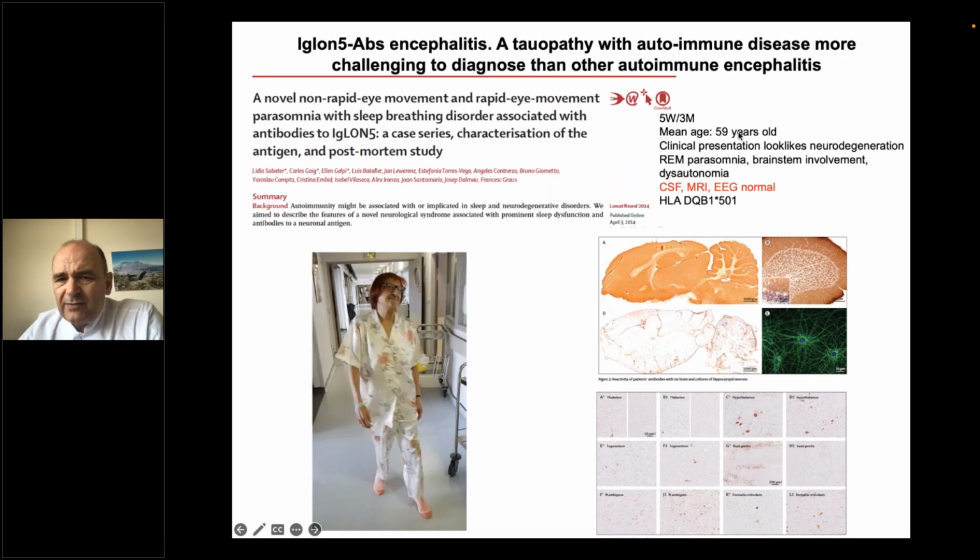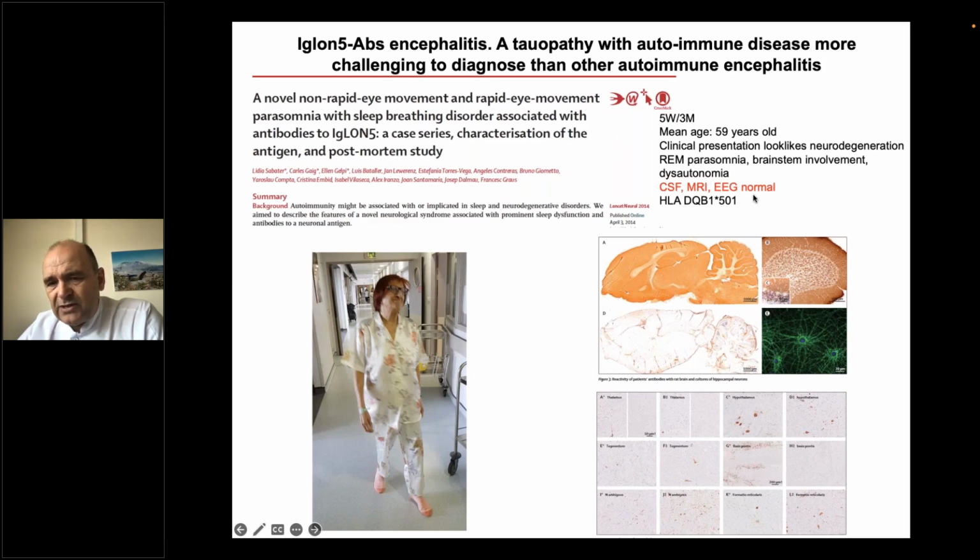It was described at a mean age of 59 years, with a clinical presentation that looked like neurodegeneration, with REM parasomnia, brainstem involvement, dysautonomia, but CSF, MRI, and EEG are normal, and it's associated with a particular HLA haplotype. So autoantibodies and HLA suggest an autoimmune origin.